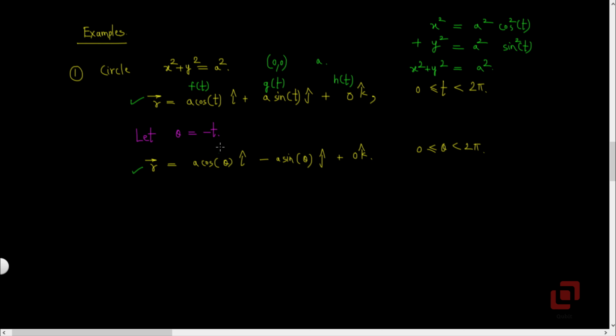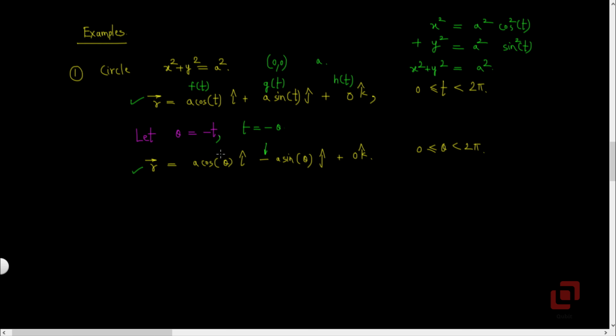If theta is minus t, then t must be minus theta. So cos of t will be cos of minus theta, but as cos is an even function, cos of minus theta will be cos theta. Recall that unlike cos, sin is an odd function. So sin of minus theta will be minus sin theta, and that's the reason why a negative sign exists here. For the k component, it doesn't matter because it is 0.